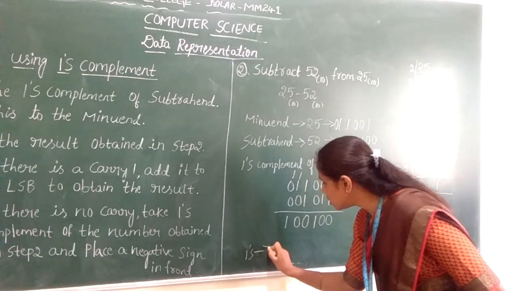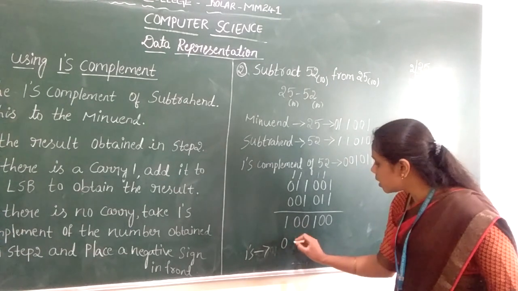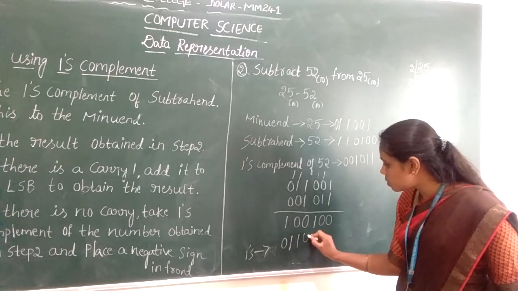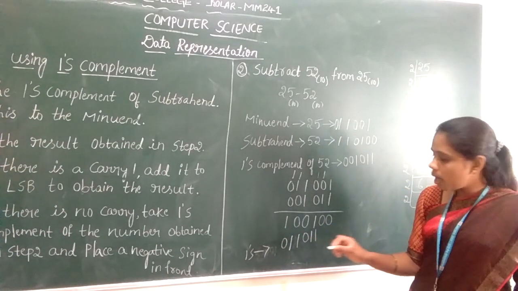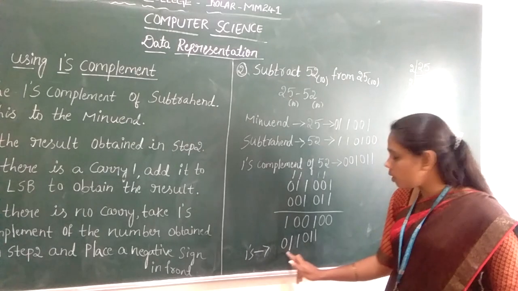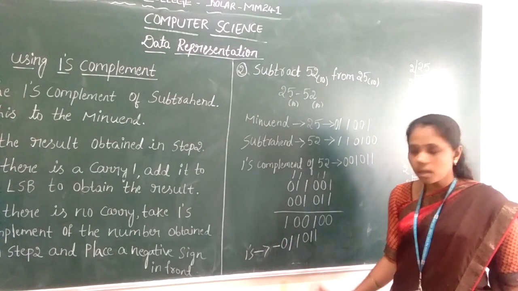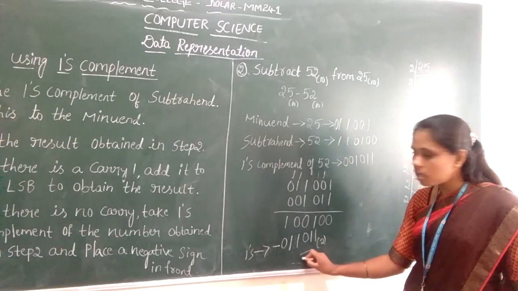Here 1 is changed to 0, 0 is changed to 1, 0 is changed to 1, again 1 is changed to 0, 0 is changed to 1, 0 is changed to 1. After finding the ones complement, attach or write a negative sign before the number. Now this will give you the final result.